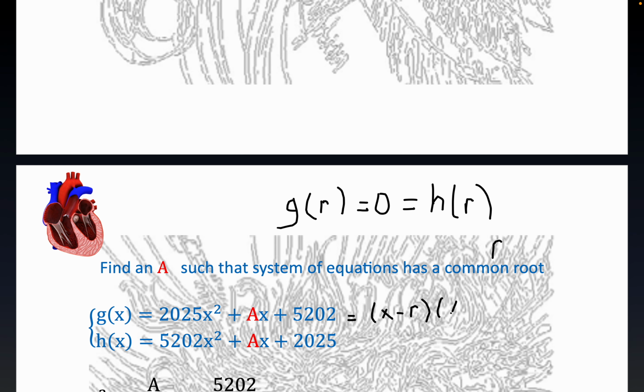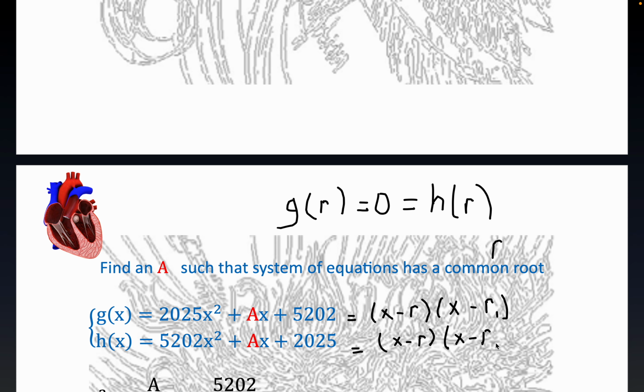So we'll say x minus r sub 1, like that. Then down here, again, it's a common root, so we'll write x minus r. For every root, there's a corresponding factor. It's called the factor theorem in college algebra class. So you have x minus r sub 2 right here, like that.